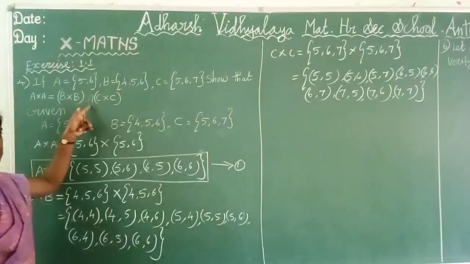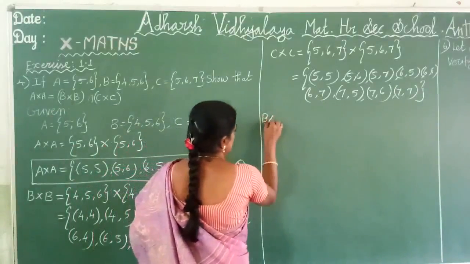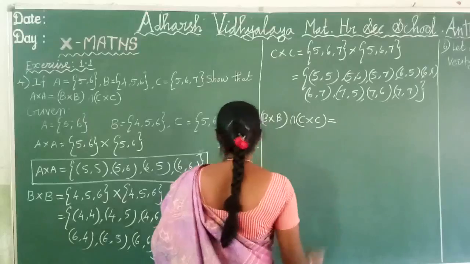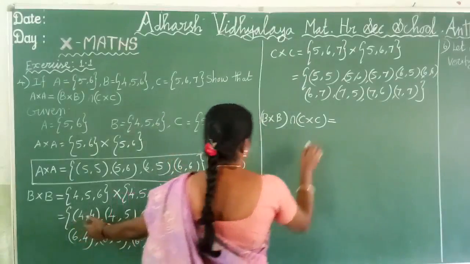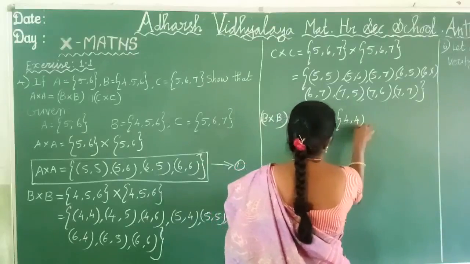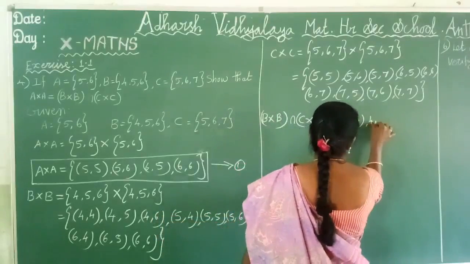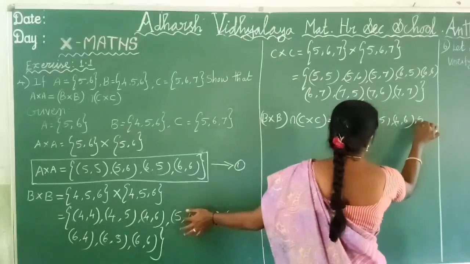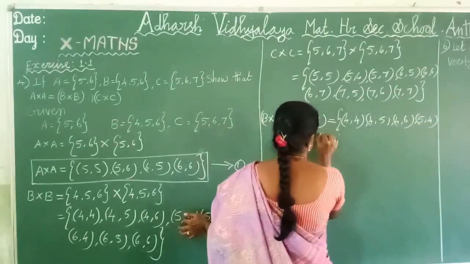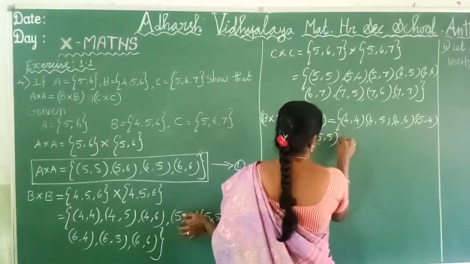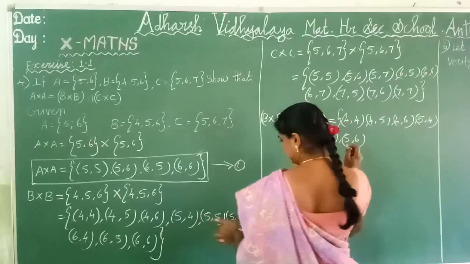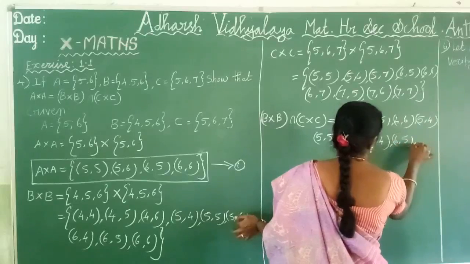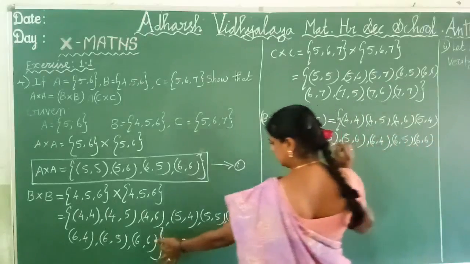Next we take the intersection. B cross B intersection C cross C. The B cross B answer is (4, 4), (4, 5), (4, 6), (5, 4), (5, 5), (5, 6), (6, 4), (6, 5), (6, 6).